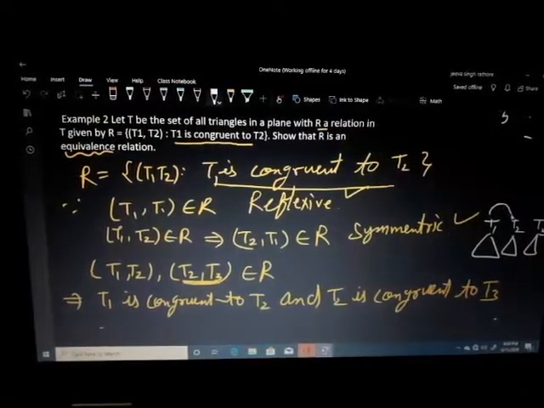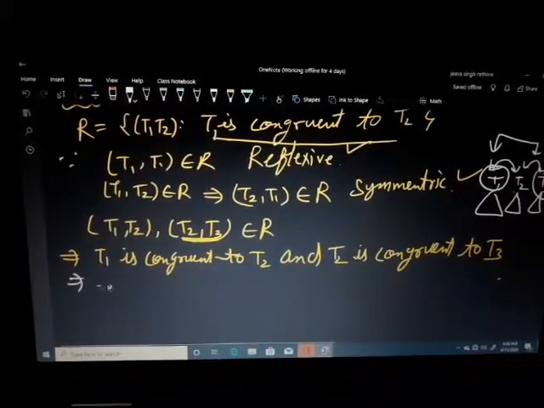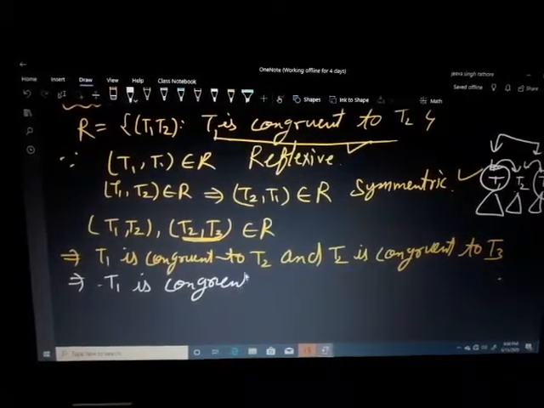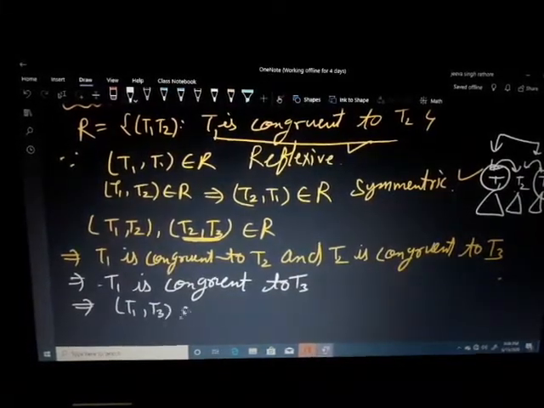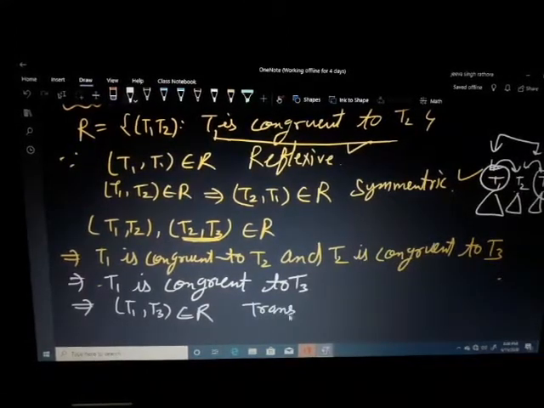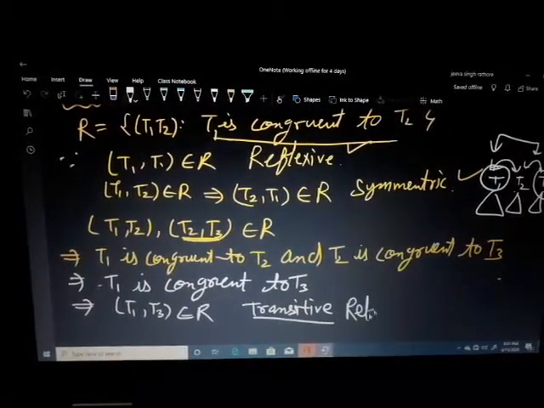T1 is congruent with T2 and T2 is congruent with T3. It means T1 is also congruent with T3, so (T1, T3) also belongs to relation R. It means this is transitive.